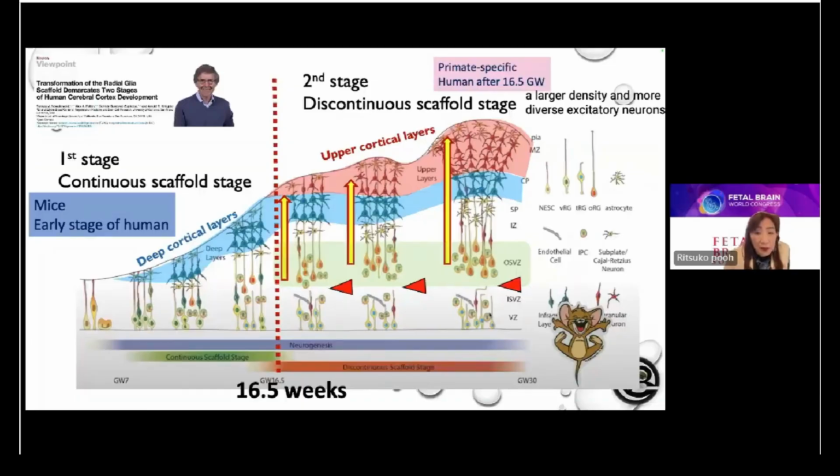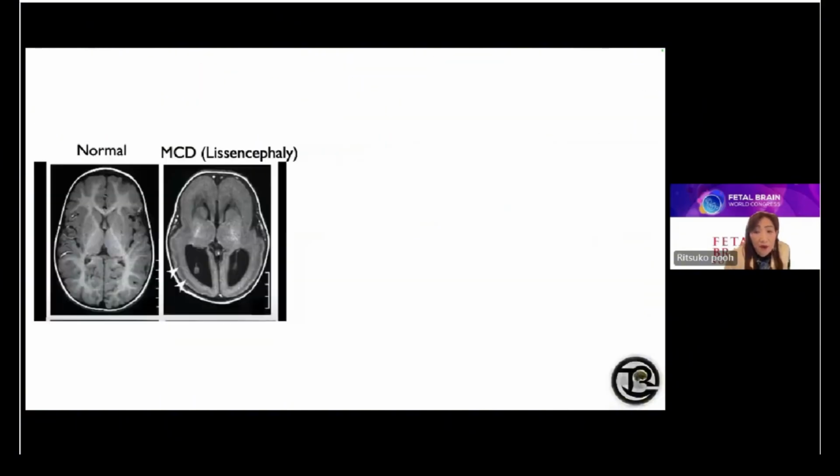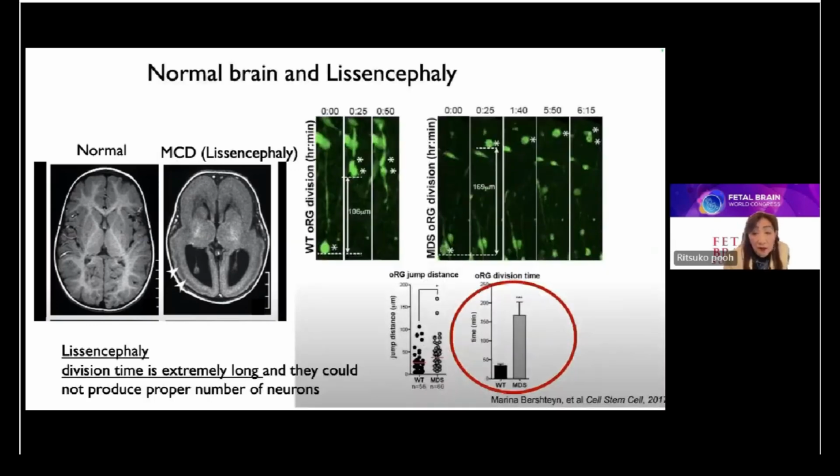And you remember the radial glia, they jump up and divide themselves and produce many neurons by cloning. However, this is a very interesting experimental study of lissencephaly using time lapse, inside the OSVZ, and I thought that the radial glia jumped and divided themselves.